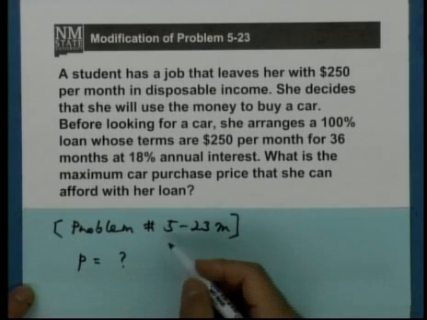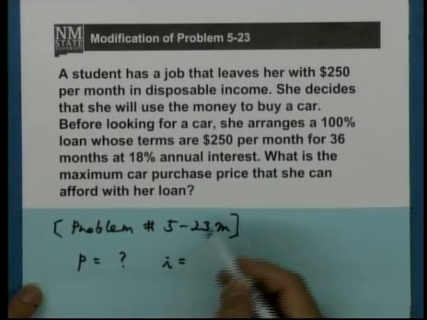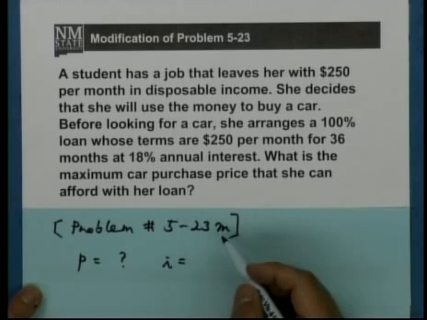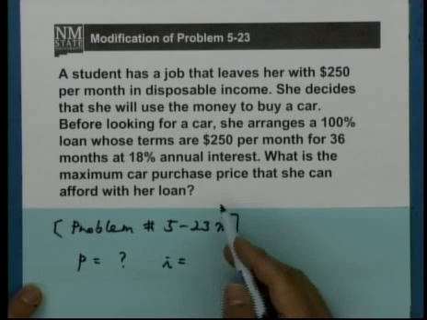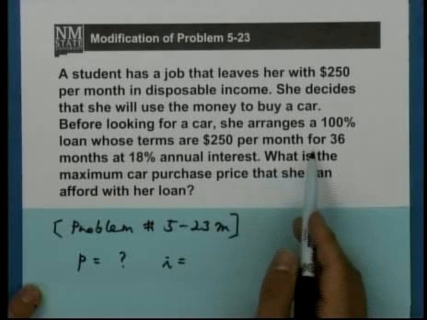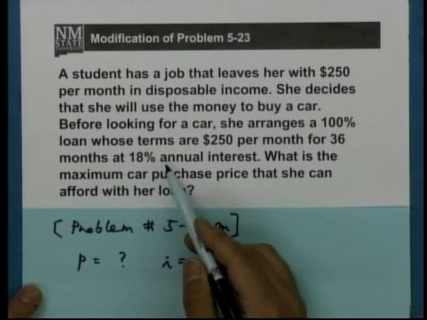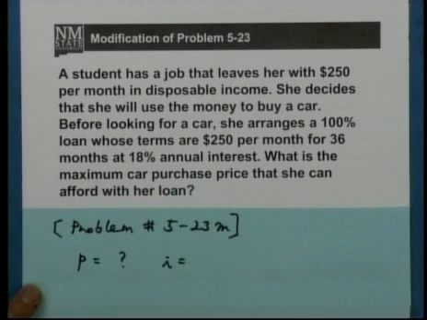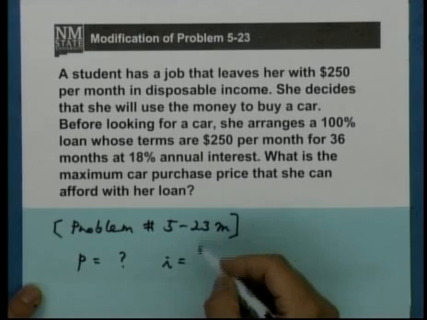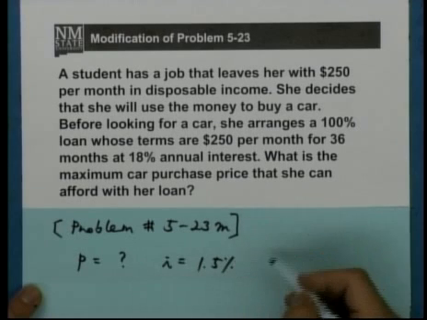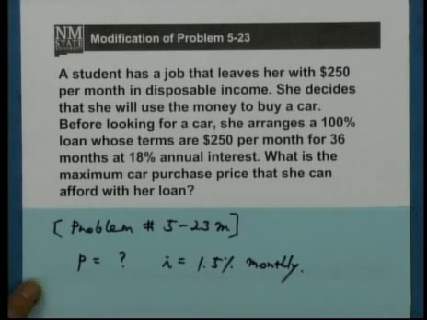And what about the interest rate? Interest rate is 18% annual interest for 36 months, right? So it's going to be 1.5% monthly. Okay. 18% divided by 12 months becomes 1.5% monthly.